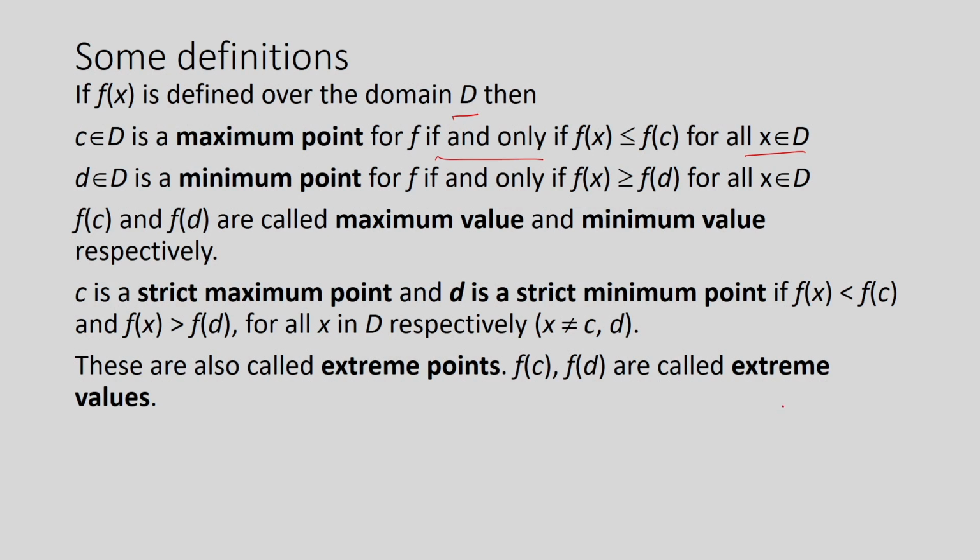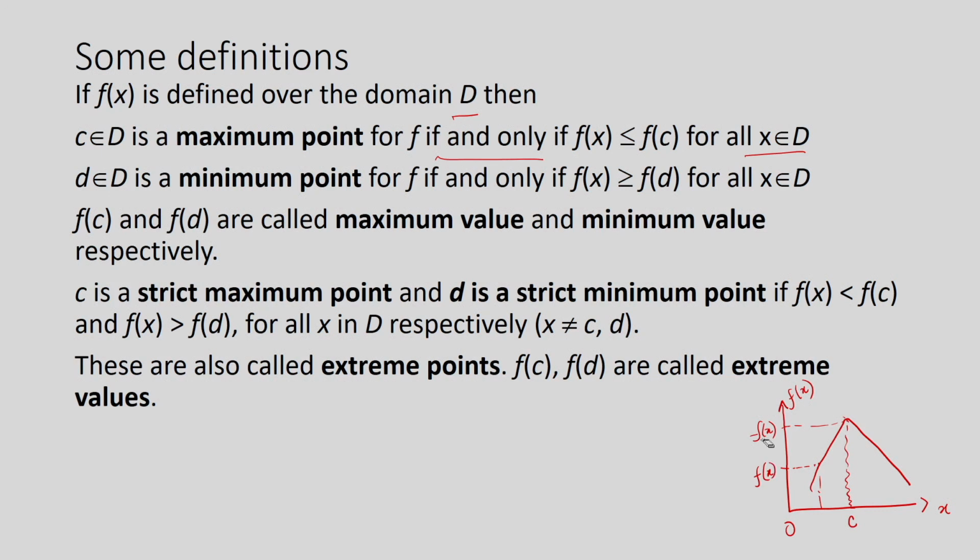So, you can think about this. This is a maximum point, right? This is small c, and here you have the independent variable, and here you have the dependent variable. Obviously, for any x in the domain, the value of the function, that is f(x), is less than the value f(c).